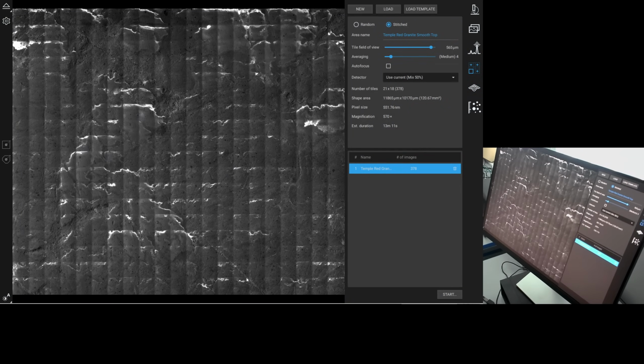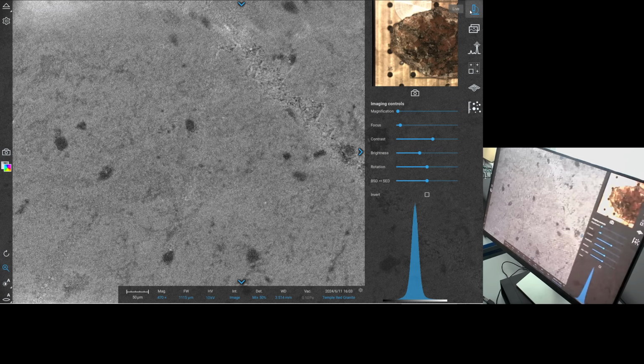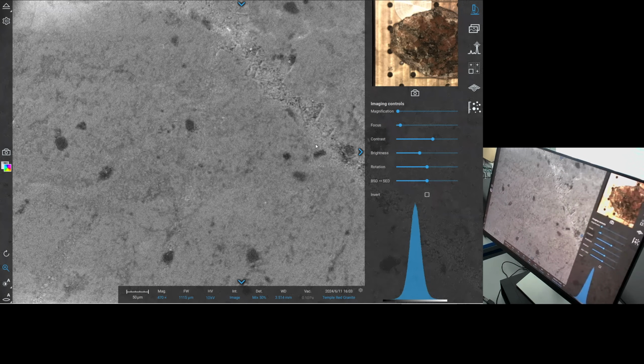There's this big scratch down here. There's a combination of scratches here. There you go.